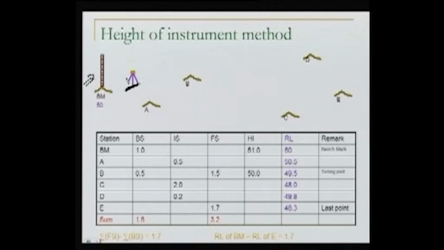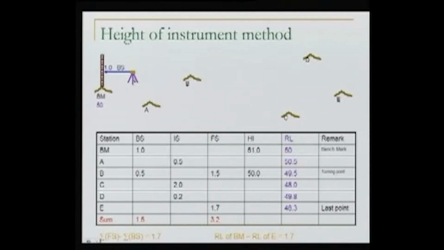Once the line of sight is horizontal, we will take a backsight. So what I am writing here, this 50 indicates the RL of the point BM, 50 meter. The BS stands for the backsight, which is being taken by the level here, and this 1.0 indicates what we are reading here on this staff. So this is the observation which we take.